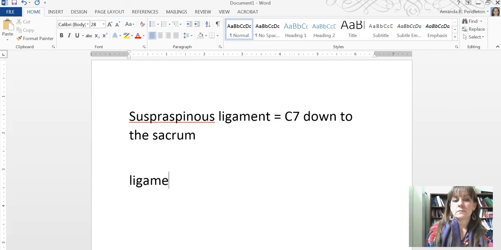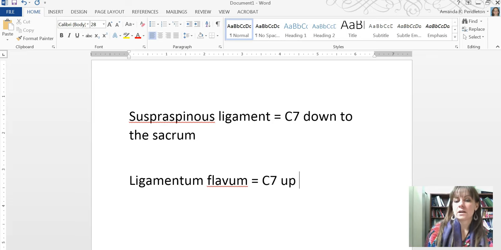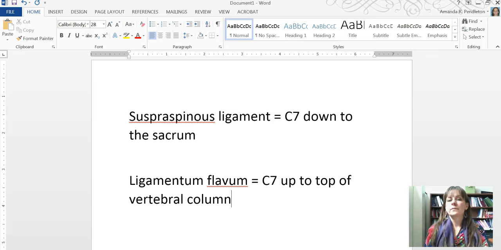It's called the ligamentum nuchae, and that's running from C7 up to the top of the vertebral column. So same location, right on the tips of the spinous processes, but one's going from C7 down, the other's going from C7 up.